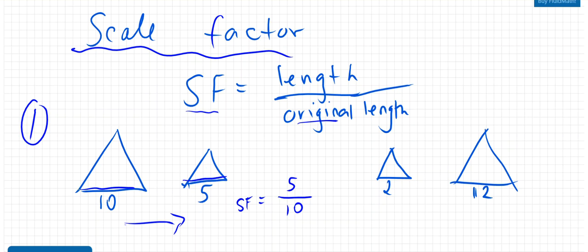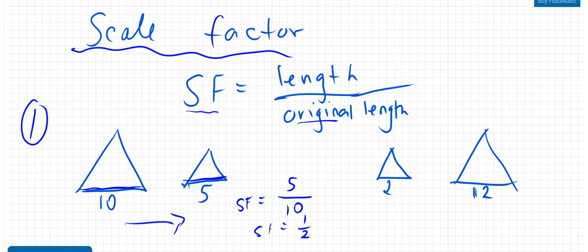That's the same side on this shape as it is on this shape here. Both lines are on the bottom. Now, 5 over 10, so my scale factor, simplify that to a half or 0.5. And I can see 5 is half of 10, so it's been halved. My shape's been halved in size.